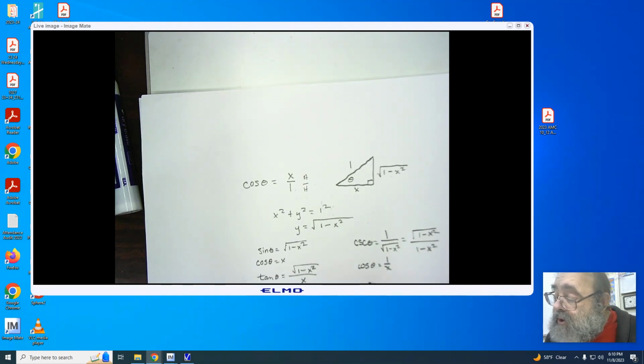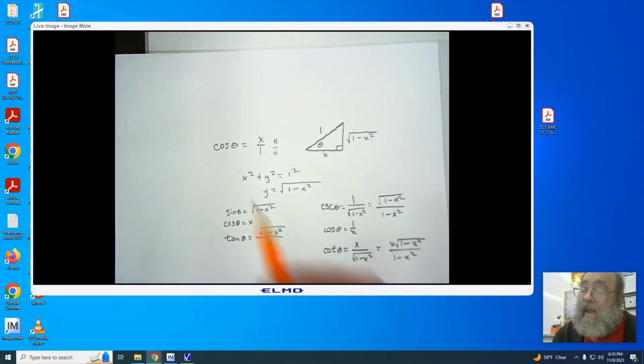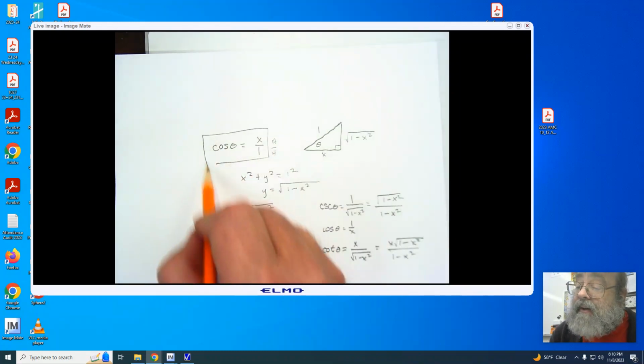Going to the cotangent of theta, I'm now taking my reciprocal, and it starts off as x divided by the square root of 1 minus x squared, and it has to be readjusted as well. x times the square root of 1 minus x squared, over 1 minus x squared. And now we're looking at our 6 trig ratios based upon one fact.